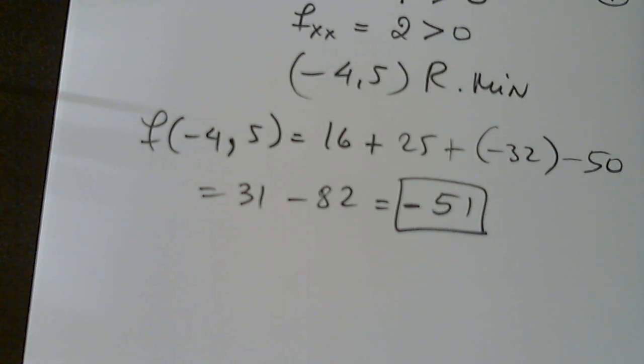But when d is positive, we have a max or a min. When d is negative, however, it's a saddle point. It's exactly like a saddle on a horse. Here in this direction it appears to be a maximum, and in this direction it appears to be a minimum. So this is neither a max nor a min when d is less than 0.